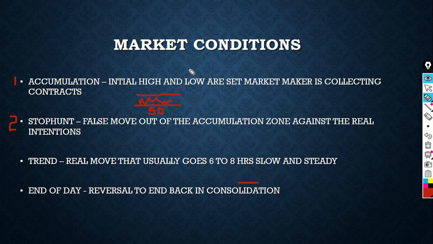By making the false move, they are making everyone think price is going to go this way. They are fooling everyone into thinking price is buying today. They are also grabbing some pending orders. People set their pending orders in this range, and some stop losses, they are taking people out.